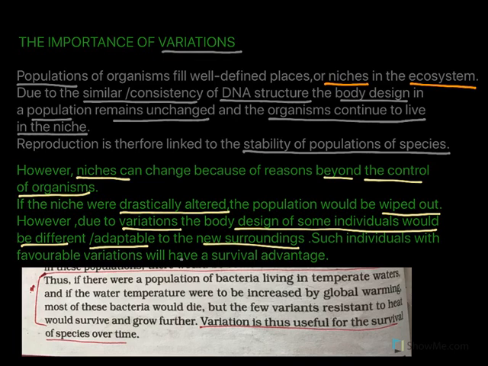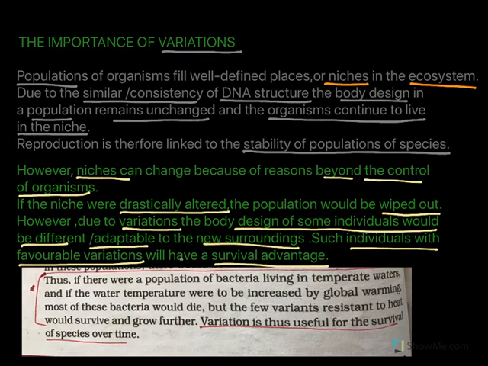If the body designs remain the same in a population, there would be no chance for the individual to survive if there was a change in their niche. But because body designs slowly keep changing, if there is a change in the niche, this new body design would help the organisms to adapt to this new niche. Such individuals with favorable variations will have a survival advantage.